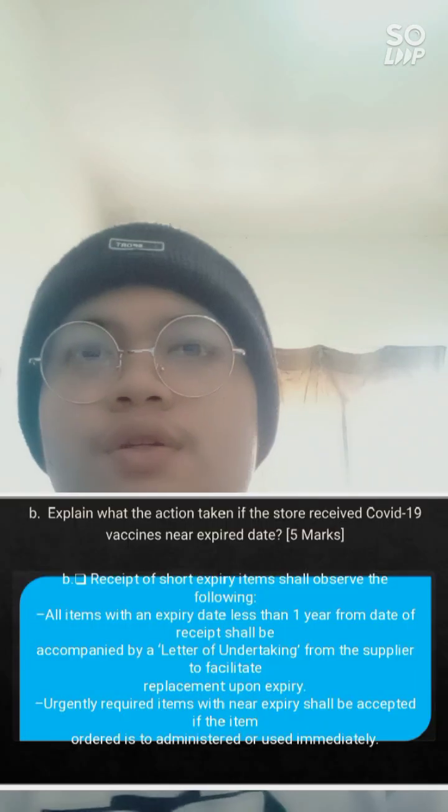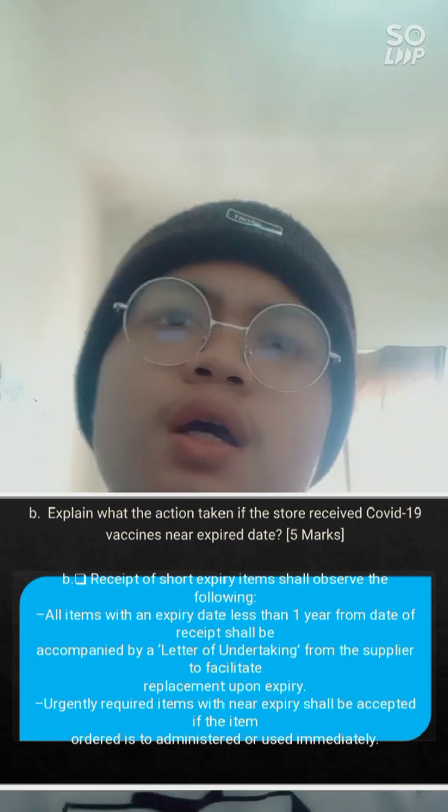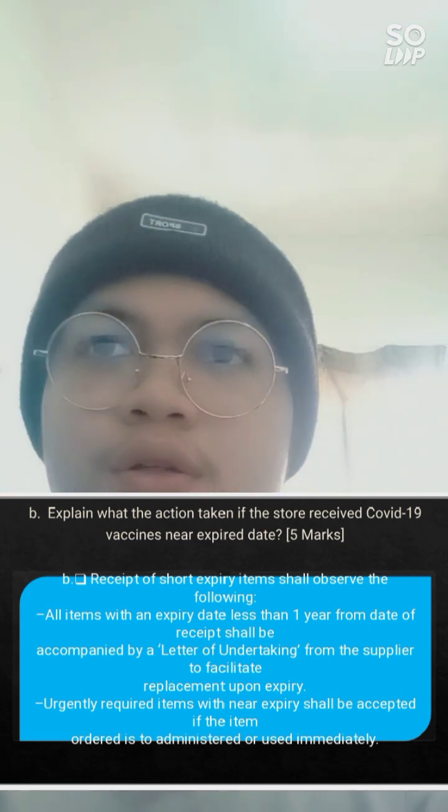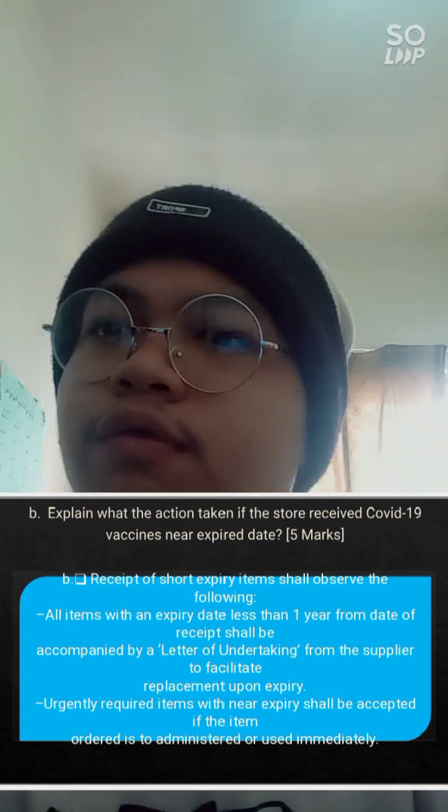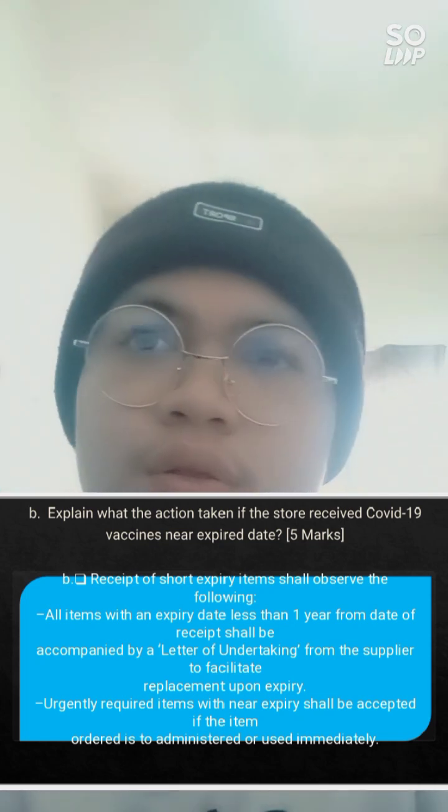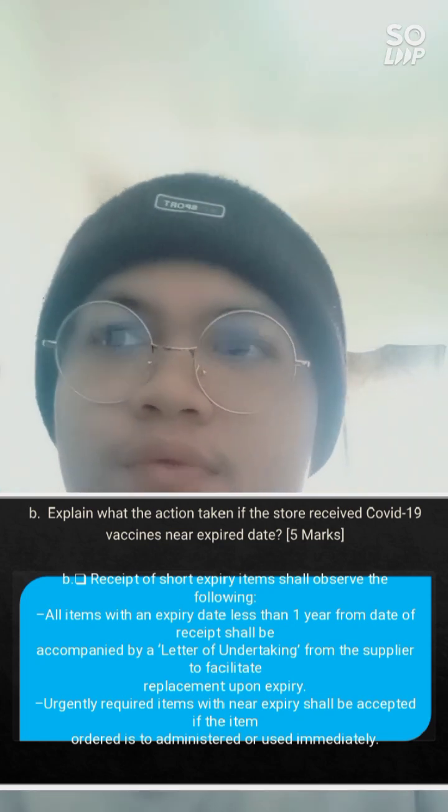And now I would like to explain what action has to be taken in the store if they receive COVID-19 vaccines that are nearly expired. For receipts of short expiry items, they shall observe the following.